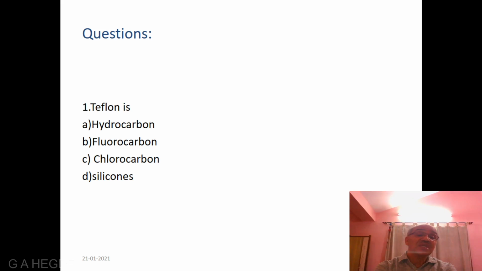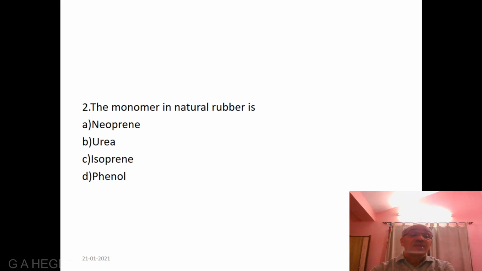The first question is, Teflon is: the answer is B, fluorocarbon. The second one is, the monomer in natural rubber is: the answer is A, isoprene.